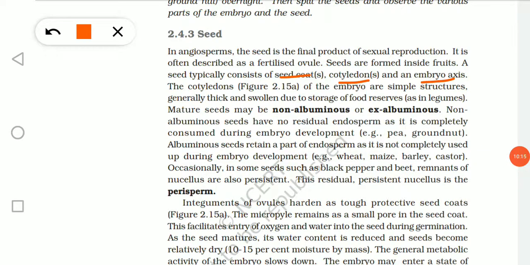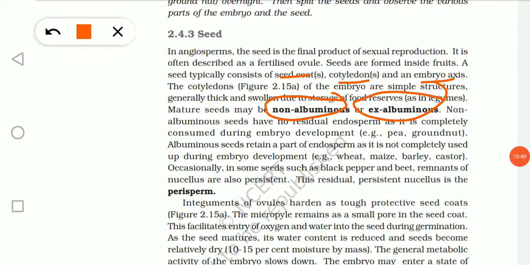We said that the embryo axis has a plumule and a radicle. The cotyledons are a good source of food, and that is why they are thick and swollen. Mature seeds may be non-albuminous or albuminous.